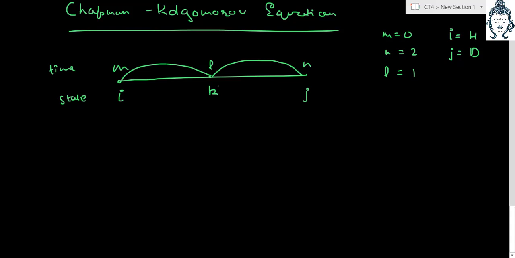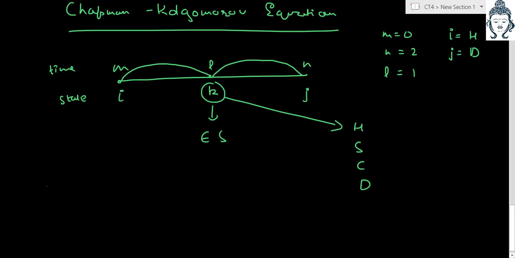And this k can be any state which belongs to S. So I can transition through multiple possibilities. In the last example, this k could have been the healthy state, the sick state, the critically ill state, or the dead state. And then I'll have to add all these possibilities.